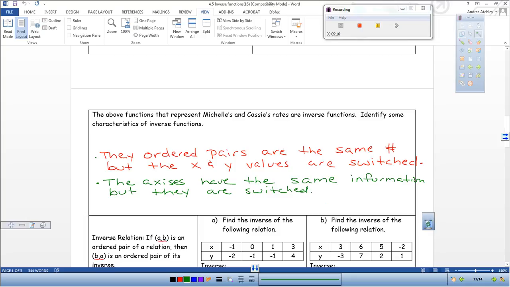Okay, is there anything else we noticed? Yep. Very good. The equations have the opposite operations. In one of them, we are multiplying by 10. In the other, we're dividing by 10. Okay, so multiplying and dividing are opposite operations.